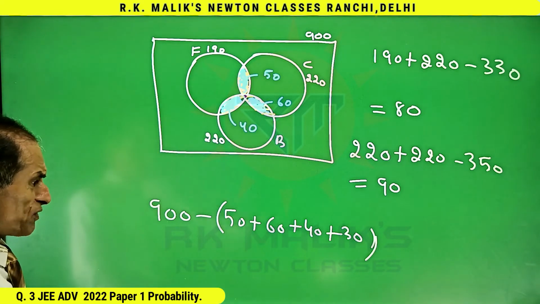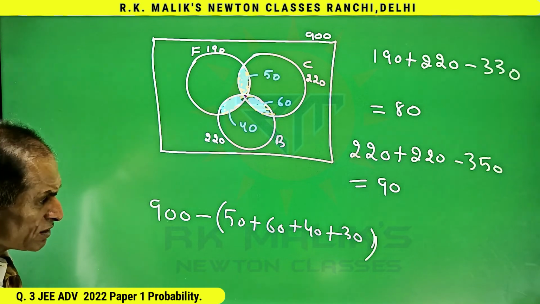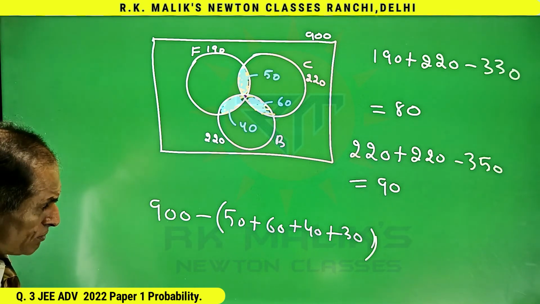That is the number of persons which have one symptom or no symptom.